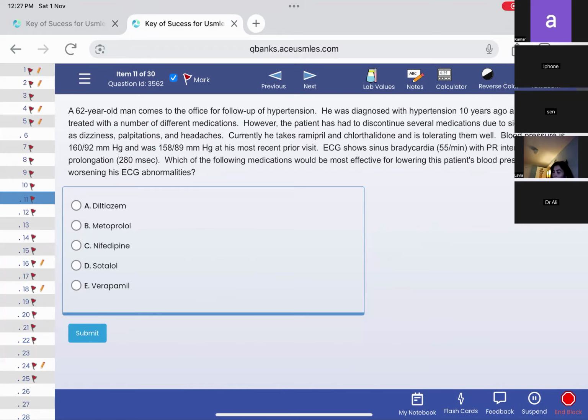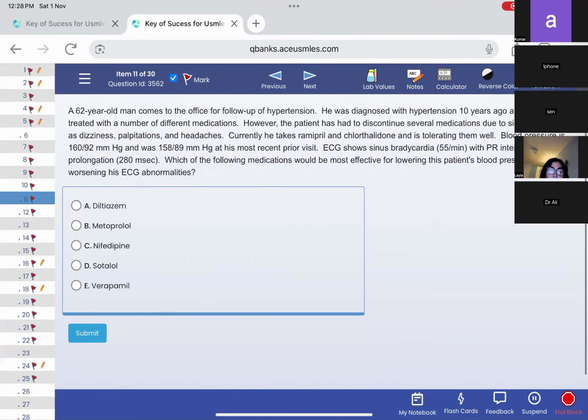Currently, he takes ramipril and chlorthalidone and is tolerating them well. Blood pressure is 160 over 92 and was 158 over 89 at his most recent prior visit. ECG shows sinus bradycardia, 55 beats per minute, with PR interval prolongation, 280 milliseconds.